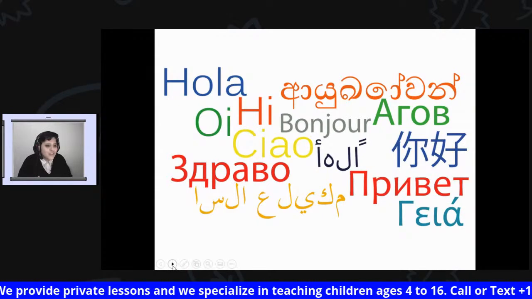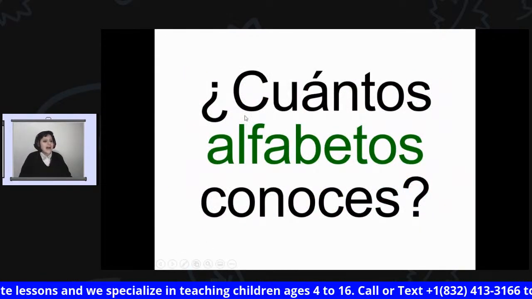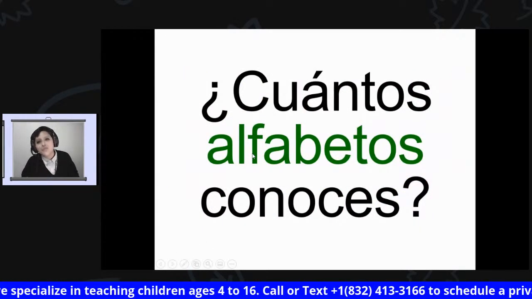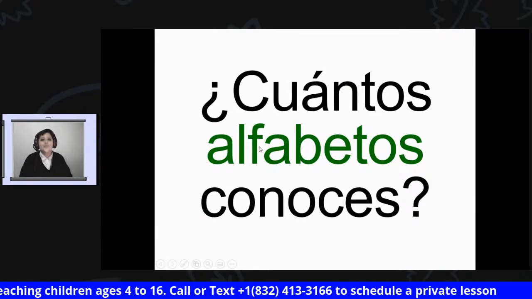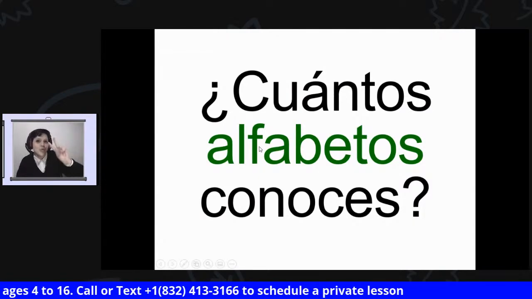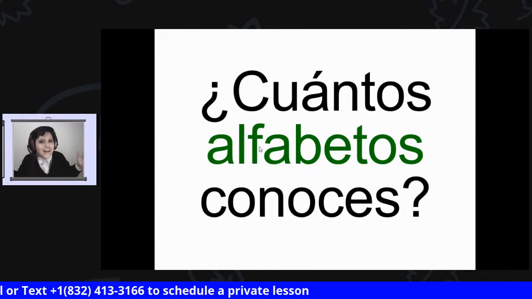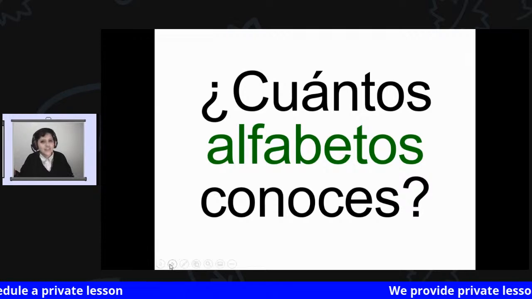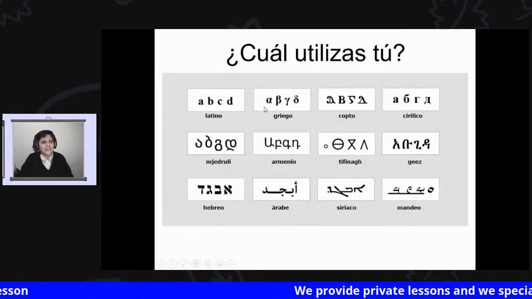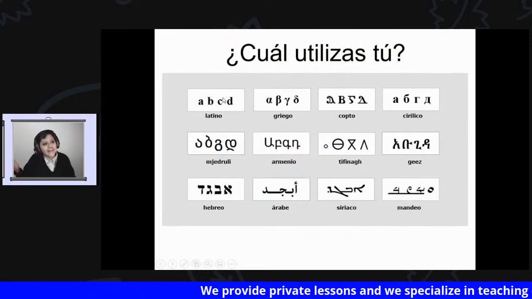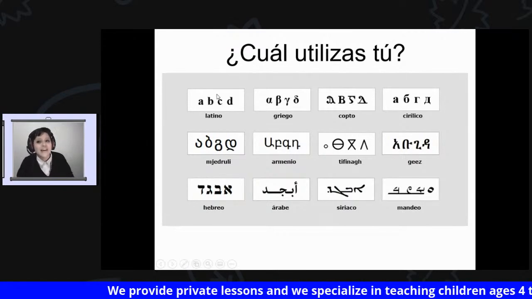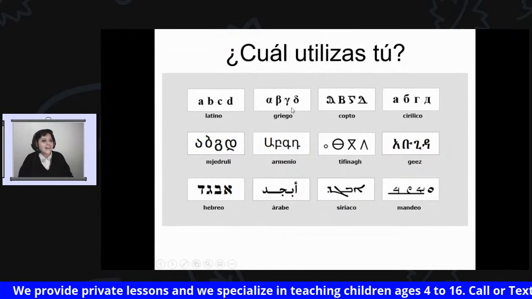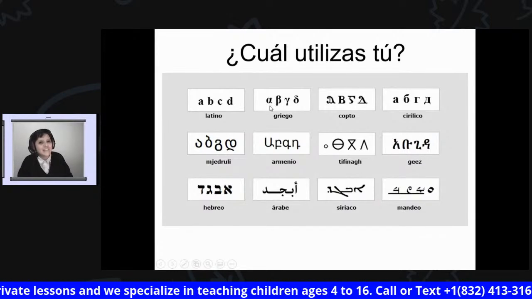All right, guys. So over here, how many alphabets do you know? I know at least two. What about you? How many do you know? Let's see if you can recognize some over here. Do you know this one? It's the one that we use, right? What about Greek? They write differently.